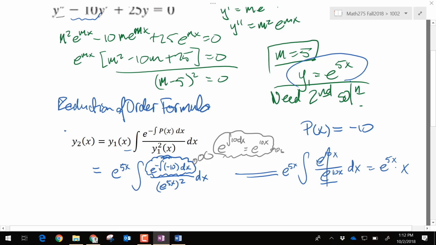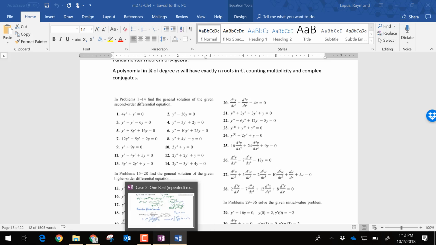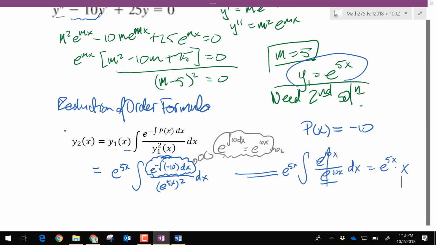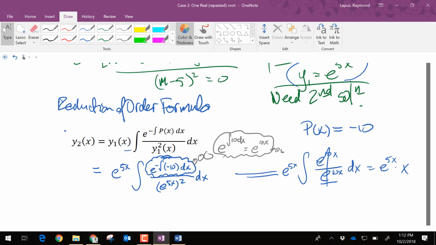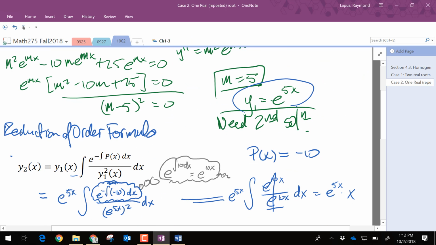Now, maybe this argument is not convincing enough, but as you guys were working on your problems, you ended up calling the plus c something like c1 and c0.